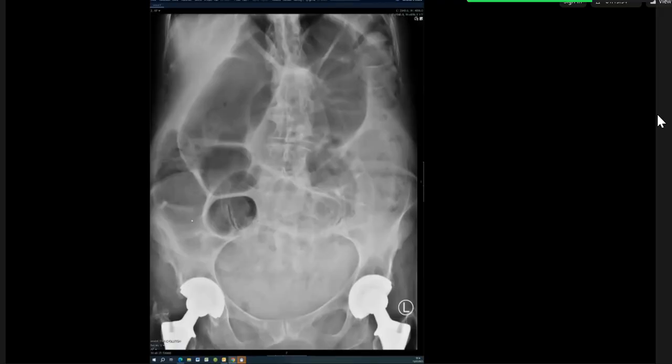Yeah. So if you think that's the right ascending colon, then where does it go? And you said there's maybe no gas in the rectum, so maybe I'm guessing this little focus of gas.